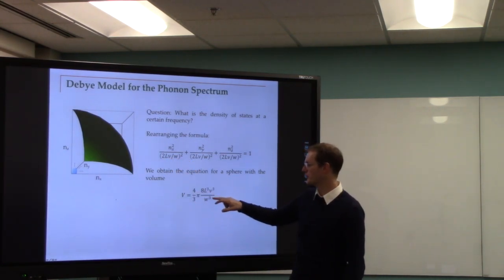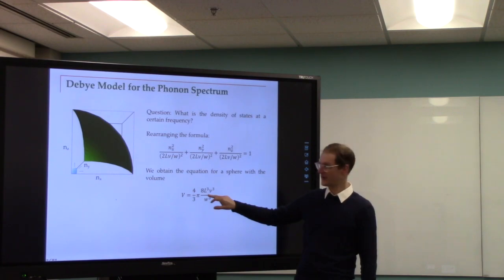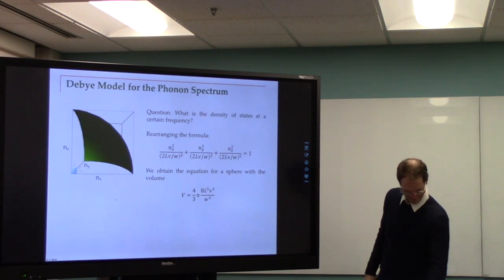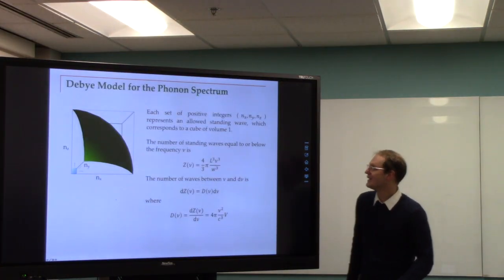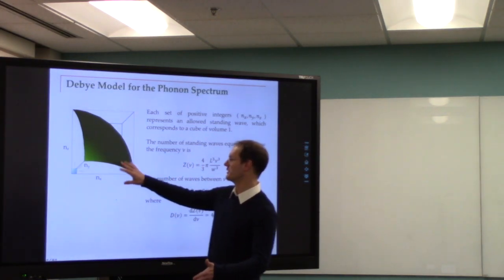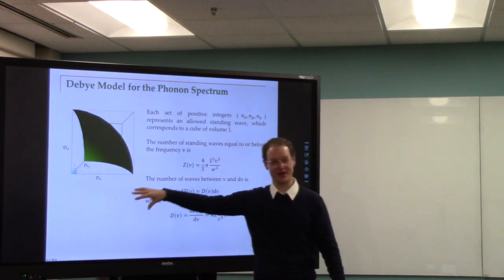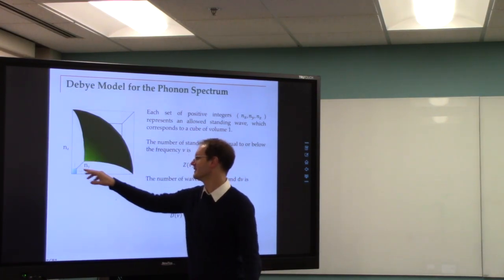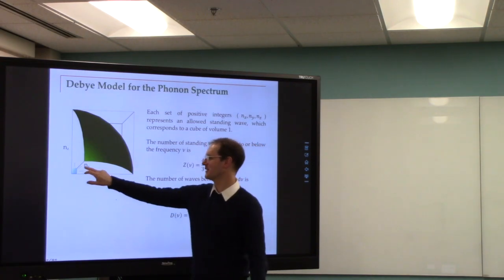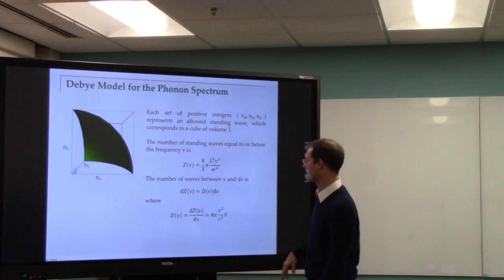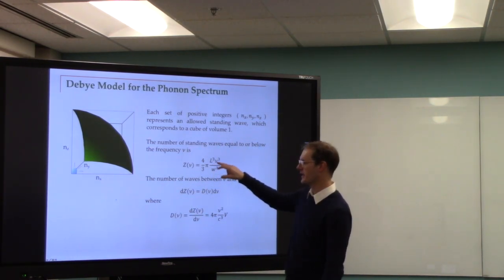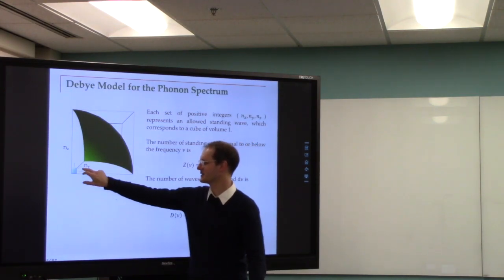And so it has the volume of 4/3 pi times r cubed, right, which is this. And so if we draw this sphere, it has x, y, and z radii, nx, ny, and nz. Or nx equals this radius 2L nu over w. That's the radius of the sphere in nx, ny, and nz space.